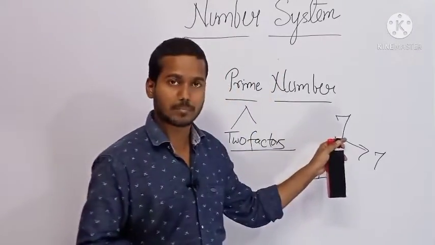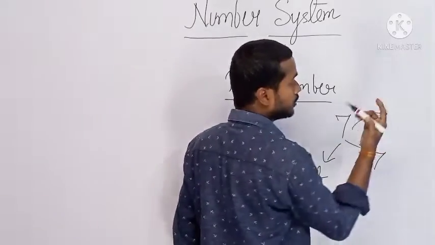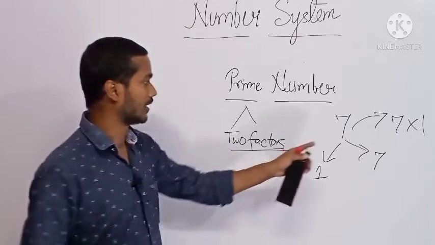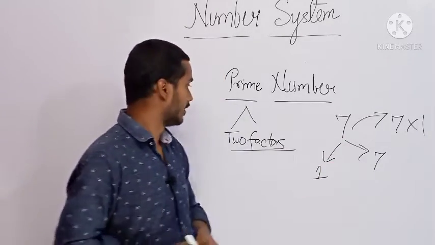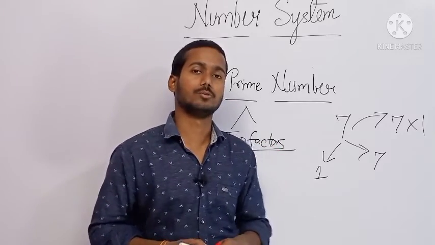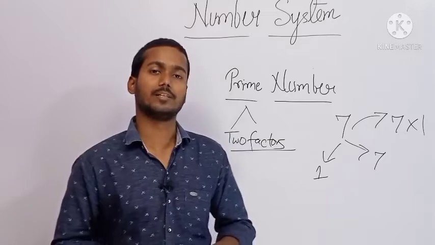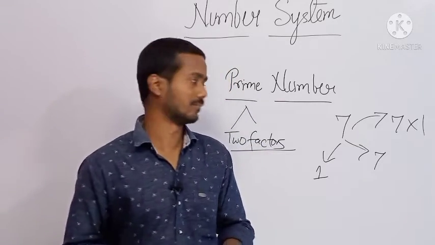That's why this is a prime number. In another way, you can also say that 7 has only 2 factors, 7 and 1. That's why this is a prime number. So each prime number has only 2 factors. If a number has more than 2 factors, then it cannot be a prime number.